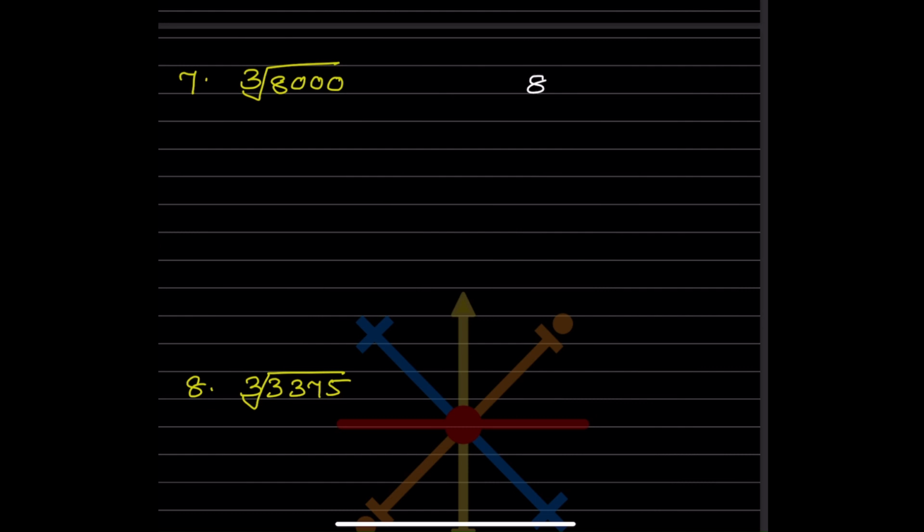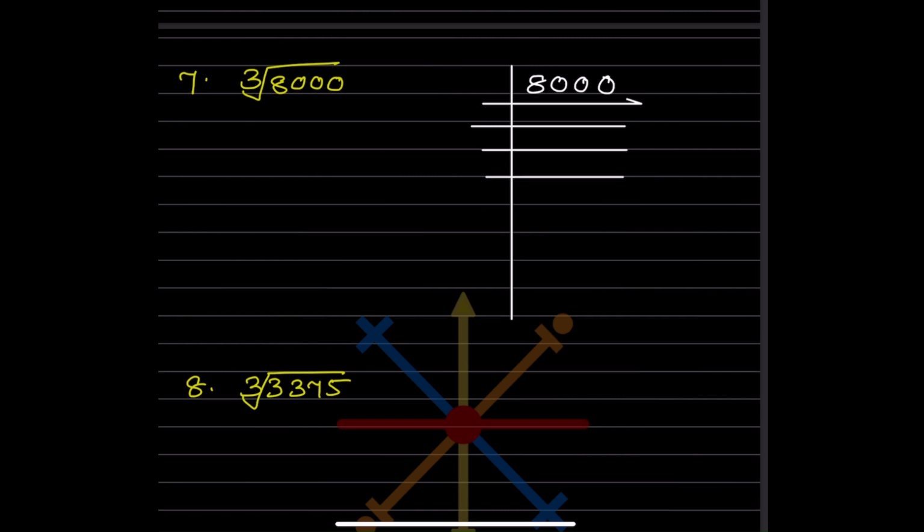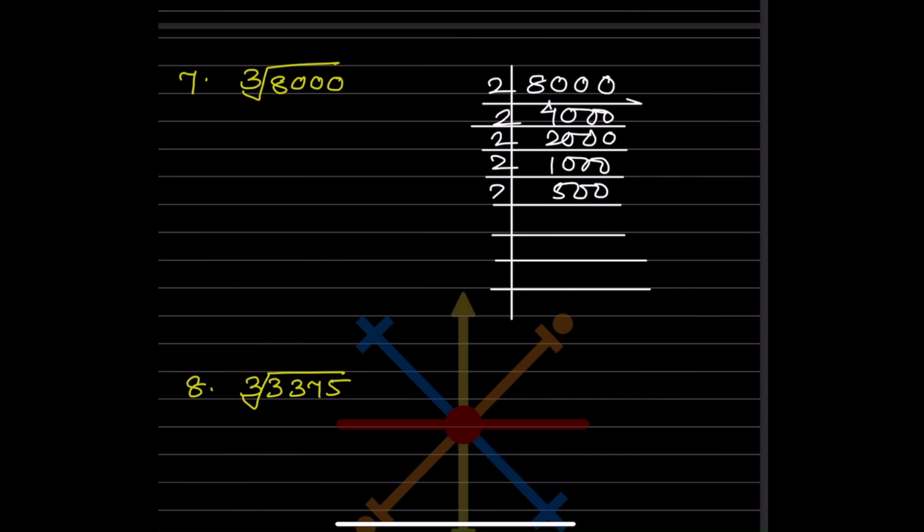Now for 8000, this will be here 1000, 500, 250, 125. Now this will go with 5.